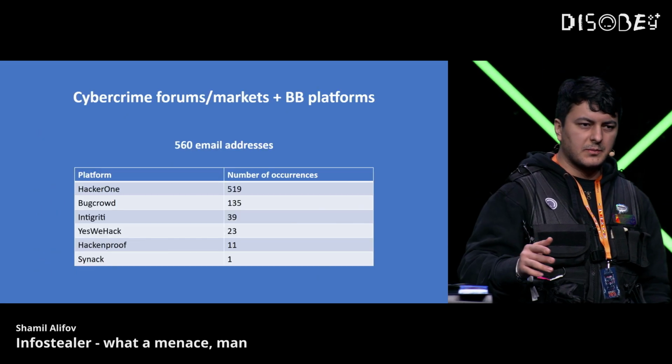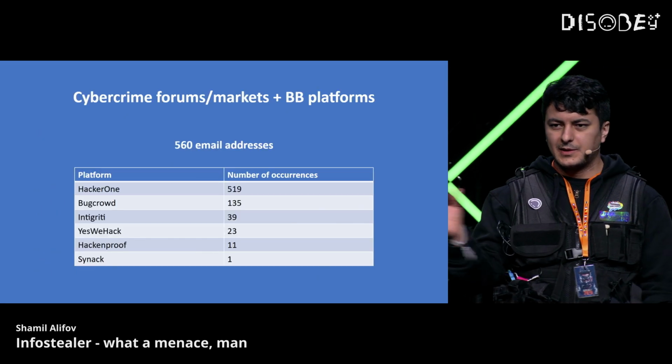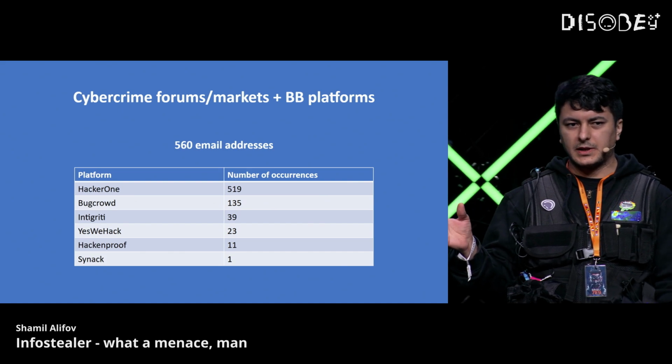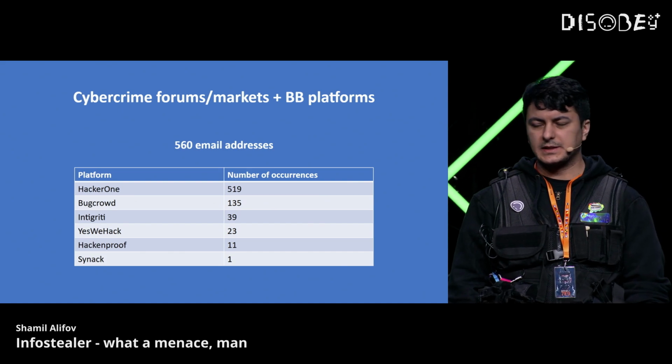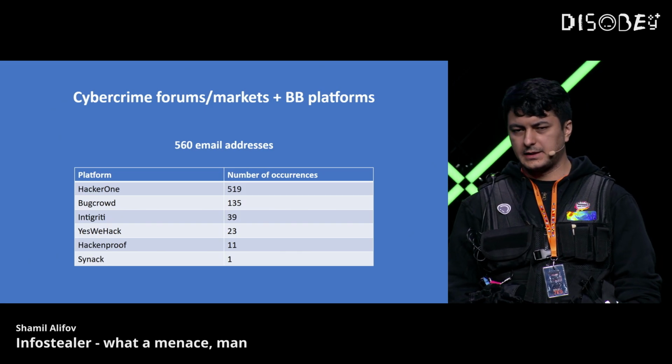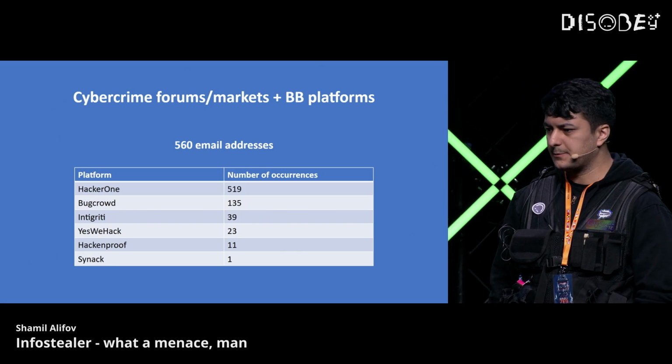Next, I decided to look at what's common between bug bounty platforms and these cybercrime forums or marketplaces, and I discovered that 560 email addresses were in both data sets.